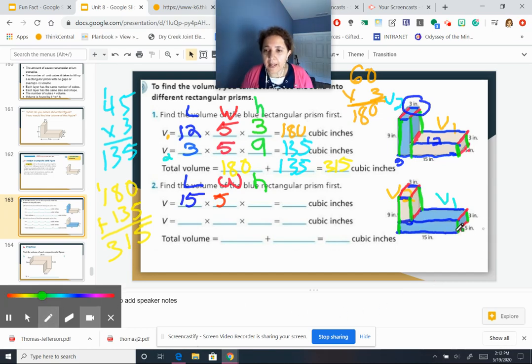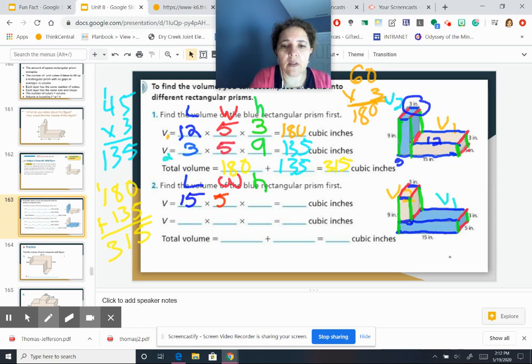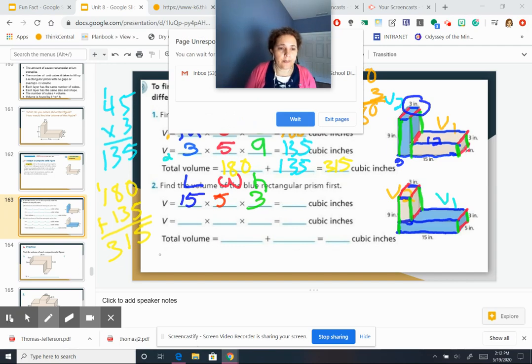So my height only goes up to right there. My shape ends there. I can see that's a 3. So my height is 3. So now I'm going to multiply that out. So you can do either 15 times 5 times 3, or 3 times 5 is 15 times 15. It doesn't matter. So go ahead and solve it any way and then come back to me so we can check our answer.